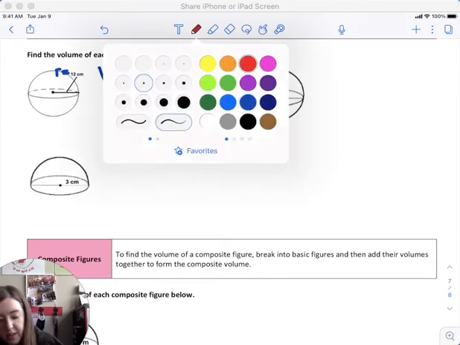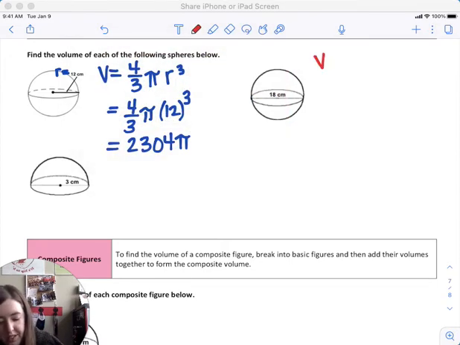In this next one, we're still going to use 4/3 pi times the radius cubed. That 18 is going the entire way across the circle. So that means just from the center out to the side means my radius is going to be 9.